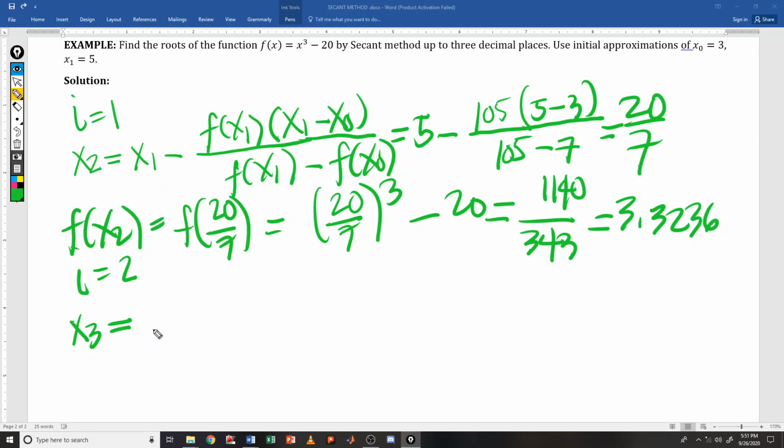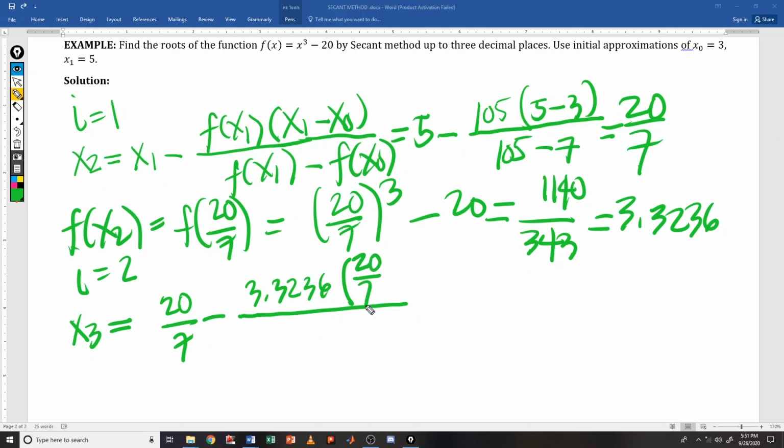So x3 is x2, which is 20 over 7, minus f of x2, which is 3.3236, multiplied by x2 minus x1, which is 20 over 7 minus 5, over 3.3236 minus 105, the value of f of x1.